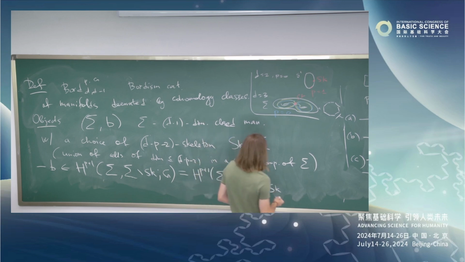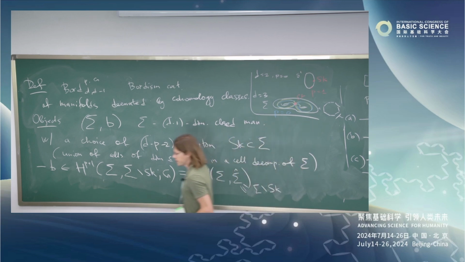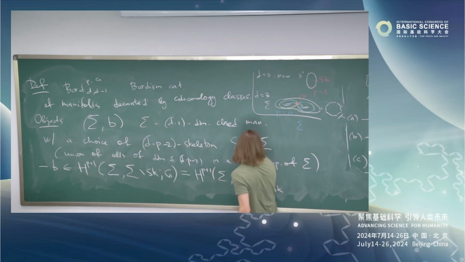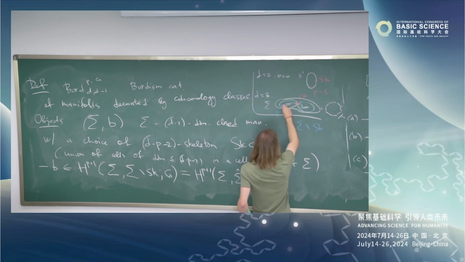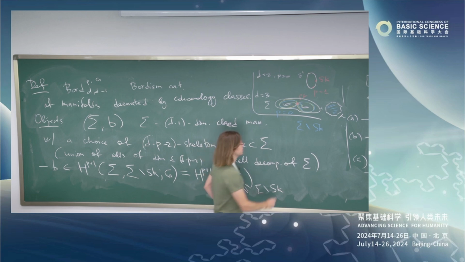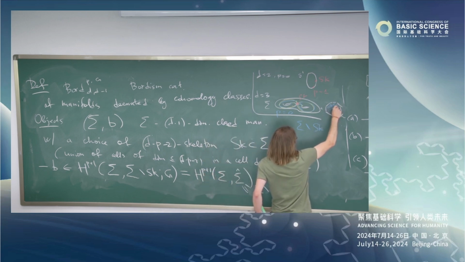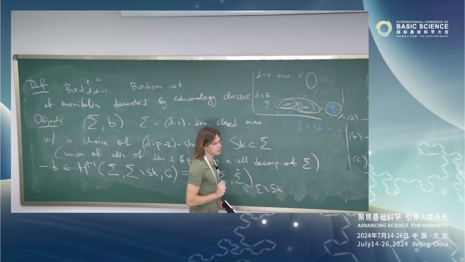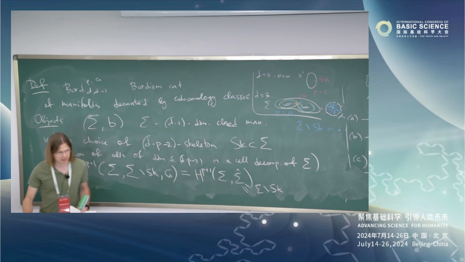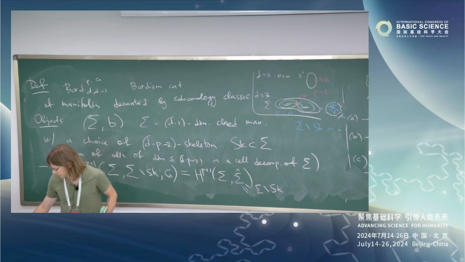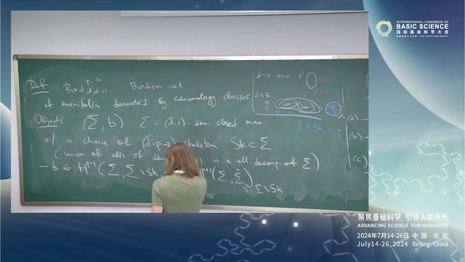Well, for this case, one can use the fact that we always consider the complement, right? And the complement will be just the interior of this two-cell, and the two-cell, as I said, can always be deformation retracted to some point. So this is actually the same as a choice of a point.